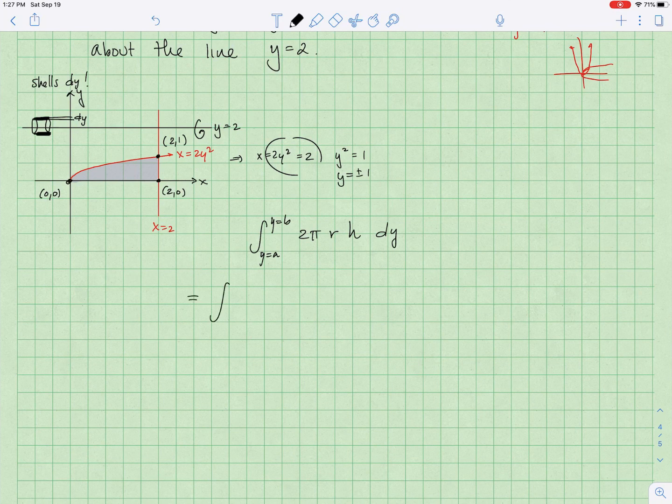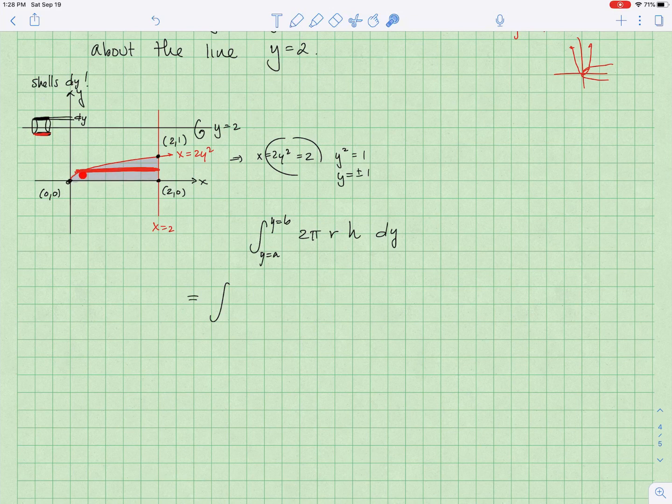This is the integral. In terms of my horizontal strip, we should draw that in there. If this is my horizontal approximating strip, it's going to run through my region like this. And the lowest one is going to occur down here when y is equal to 0.